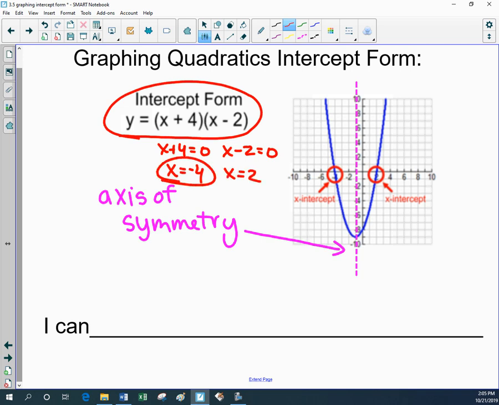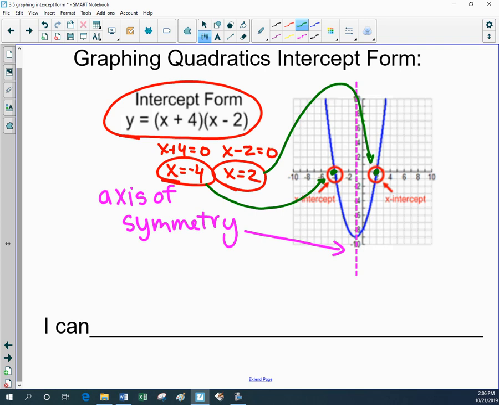And when we solved for x, these solutions represent the points on the graph where it crosses the x-axis. So it crosses at +2, and it crosses at -4. Okay, and we call these the x-intercepts because that's where they cross the x-axis.